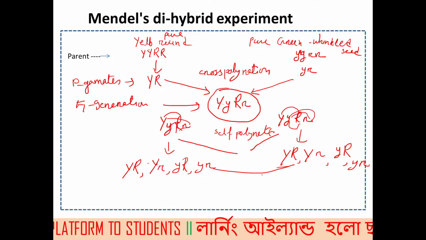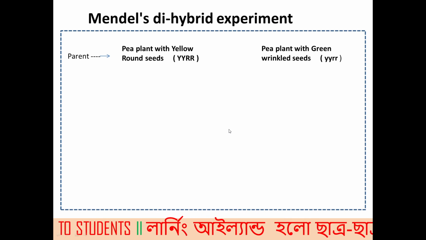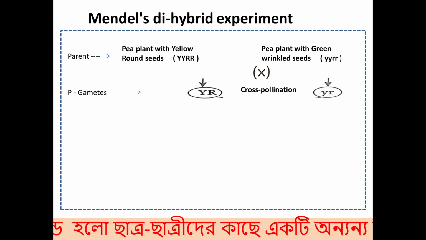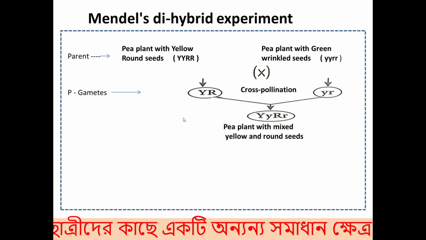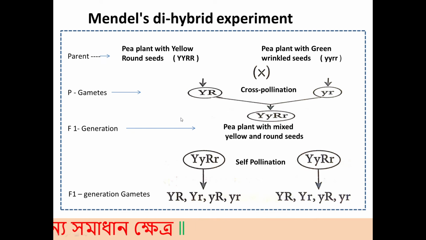Now if they make self pollination among these, to make it understood properly, we will show you through the checkerboard. Now let us see the steps which have been shown right now in a proper way, because this was the rough sketch for your understanding. Now see, these are the steps which I have explained right now. So you can pause the video and write it down, or you can take a screenshot also.